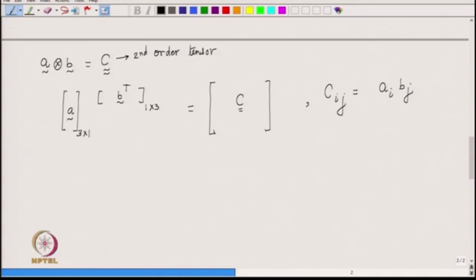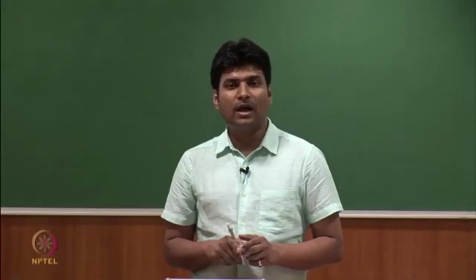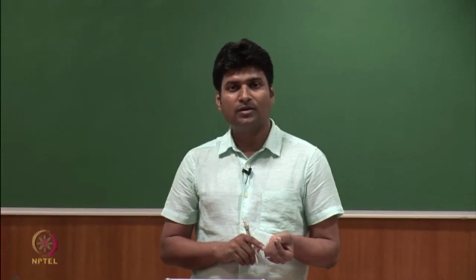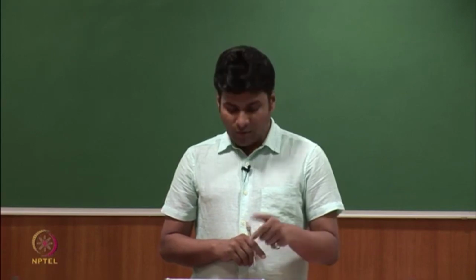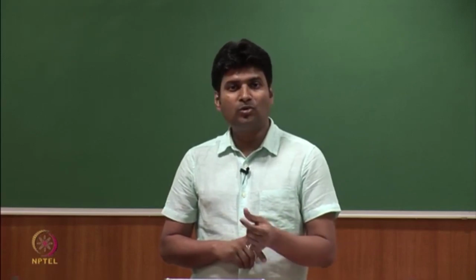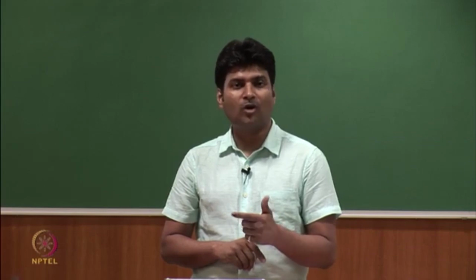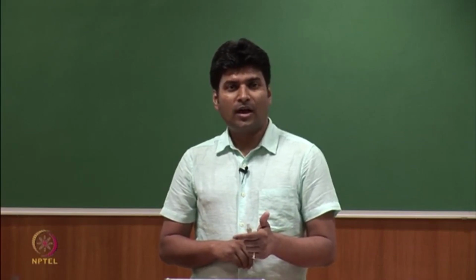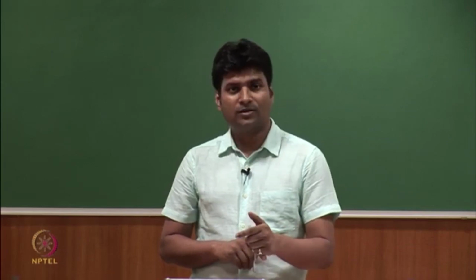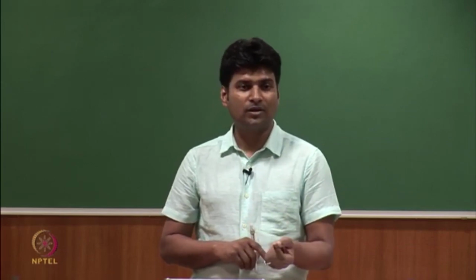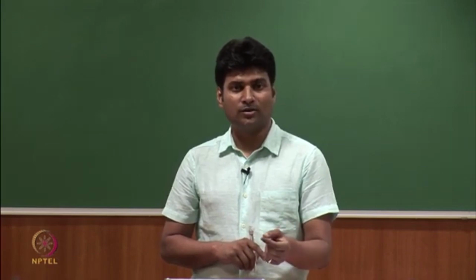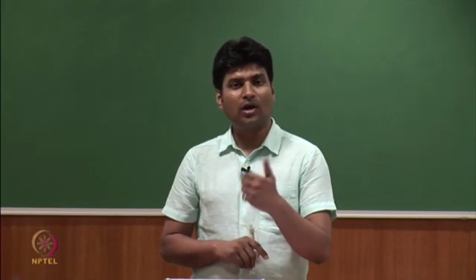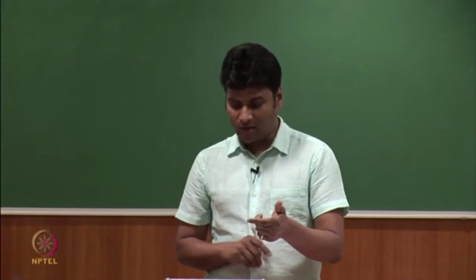So, you see, for vectors the components have a single index subscript, whereas for C you have two subscripts, therefore it is called a second order tensor. We use two tildes, one tilde for a vector, two tildes for a second order tensor, three tildes for a third order tensor.